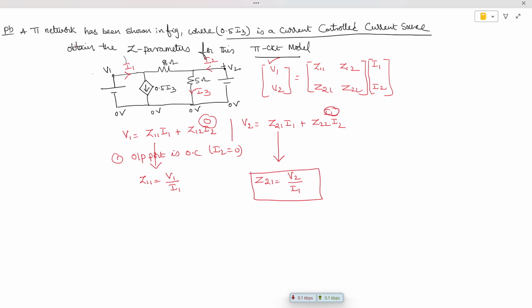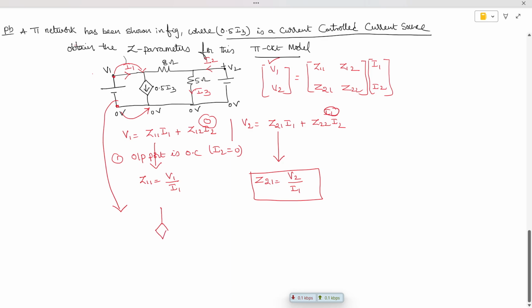Let's try to apply this on the network. Here I2 is 0. The voltage at this point is V1, the voltage at this point is 0, so it automatically shifts to this point. Now the voltage is shifted, so I'm going to have a current controlled current source.